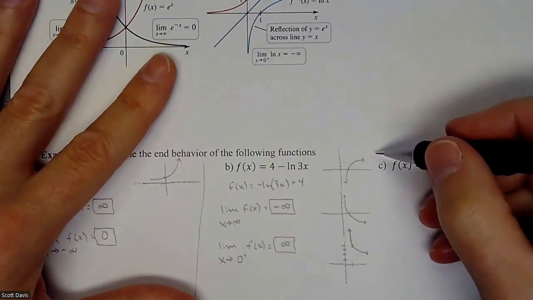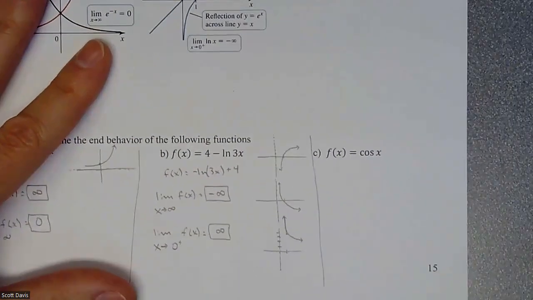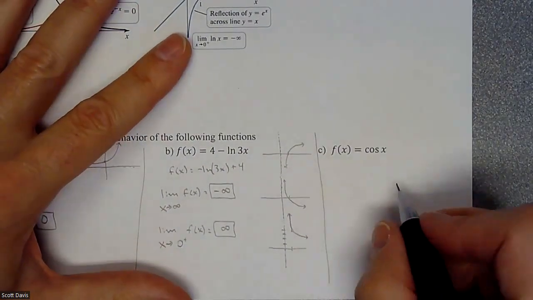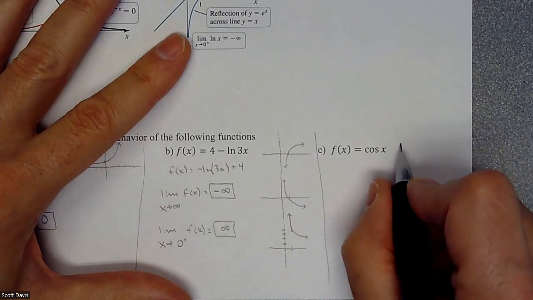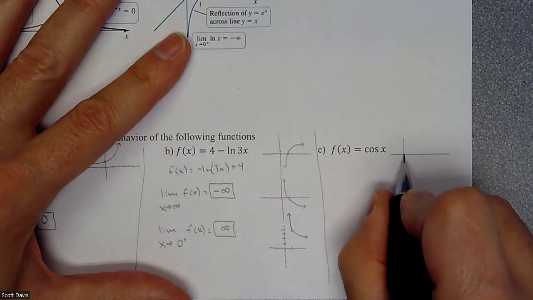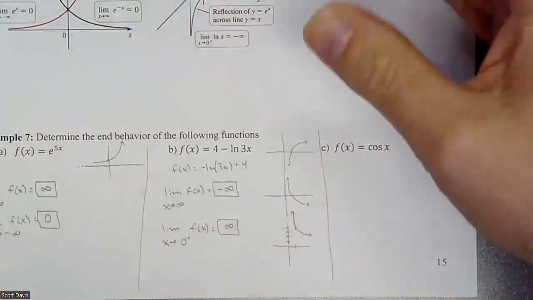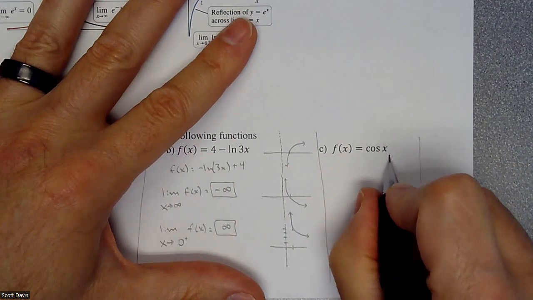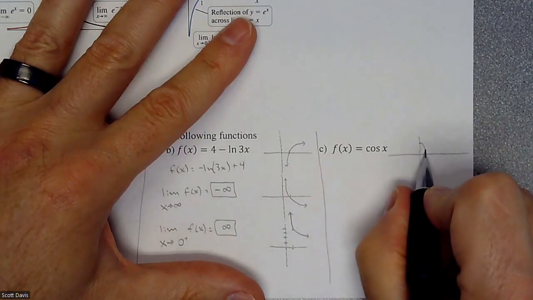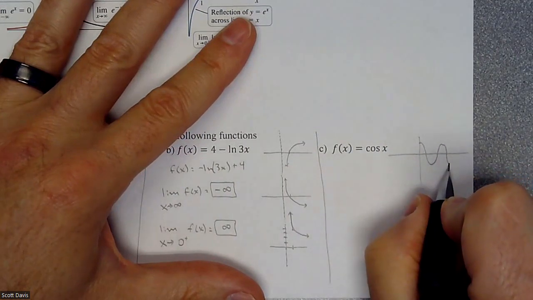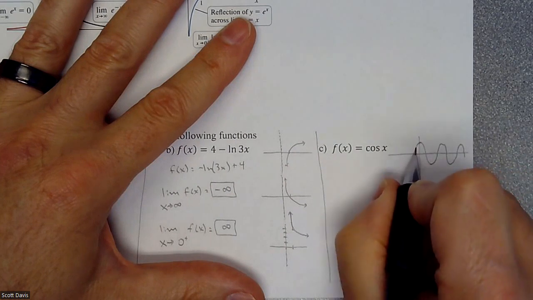And then the last, we have a trig function, cosine. If you remember what a cosine graph looks like, it's that oscillating cosine: it starts high and it goes low, and it does this over and over again. And then on the other side, same.